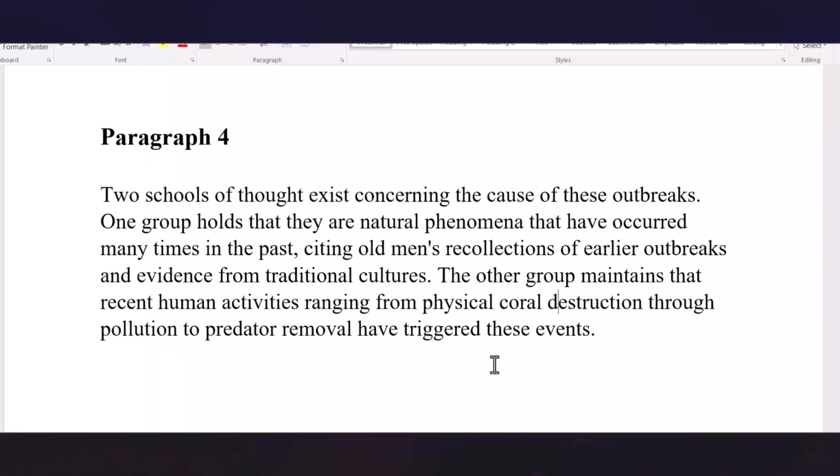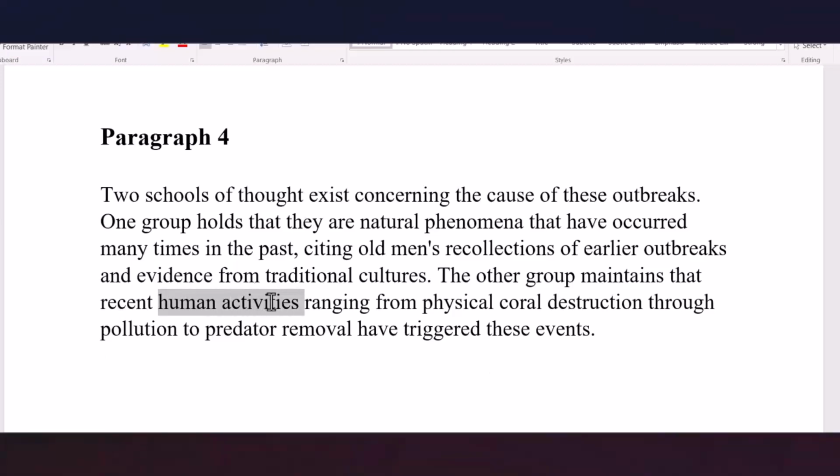And these two separate beliefs are that the first one says these outbreaks and these changes and destruction are natural phenomena, and the second one states that they are triggered by human activities.